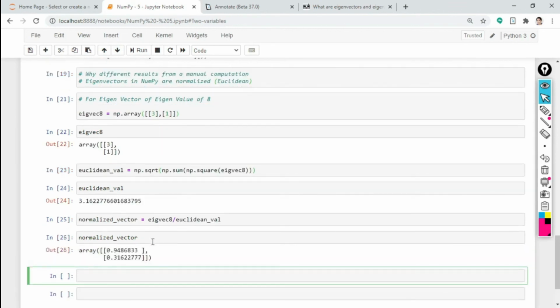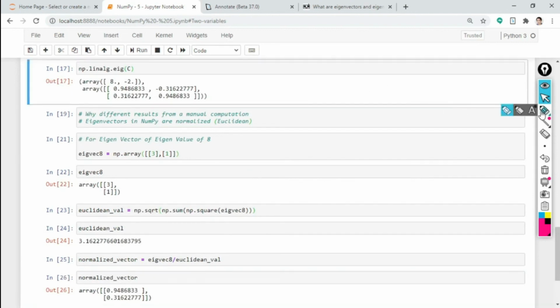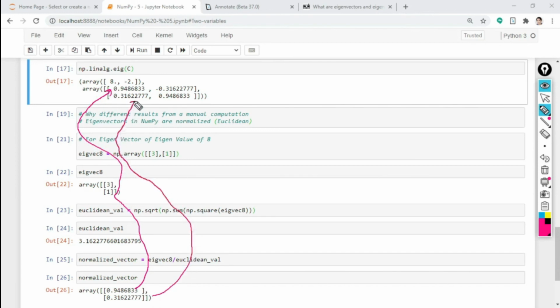As you can see, let me annotate. This is what NumPy does. It normalizes, so this one is 0.948, and this one is 0.316227. Okay, let's try the other one.